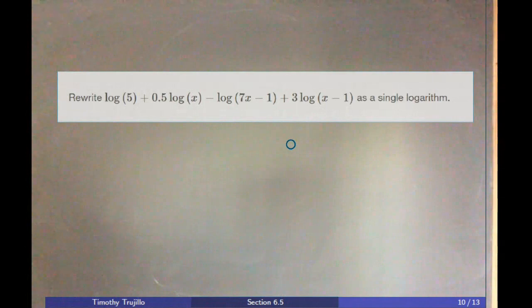And your first step here is to take into account the 0.5. So before you apply any of the other product rule or the quotient rule, you should bring in that 0.5.